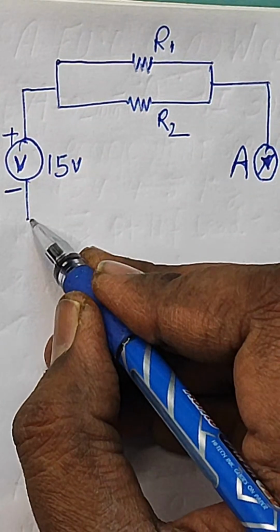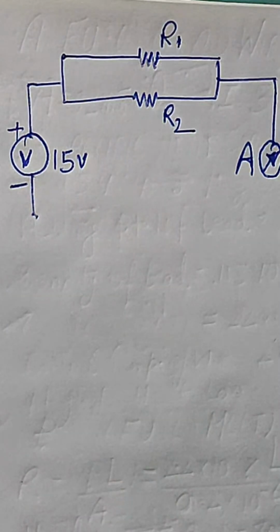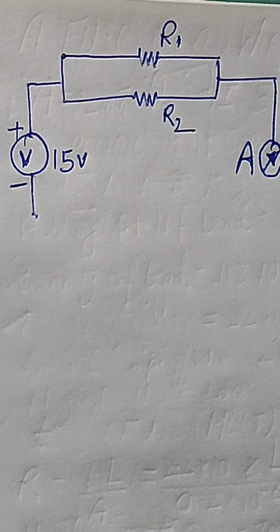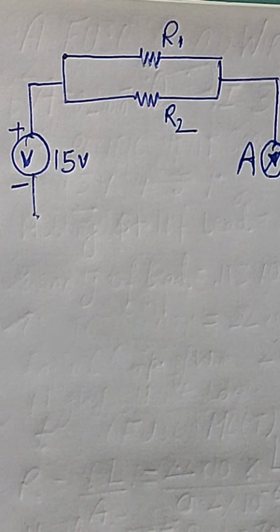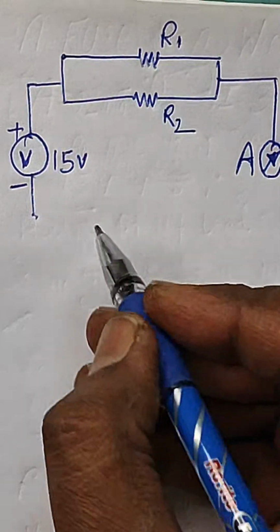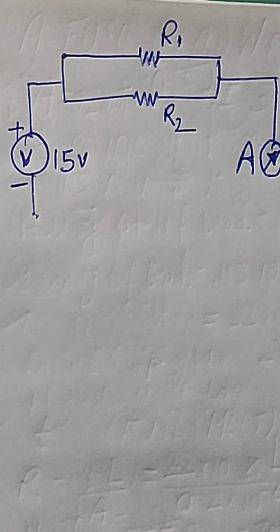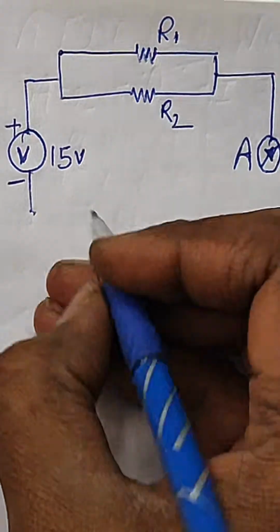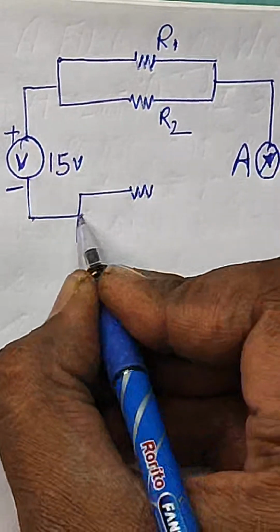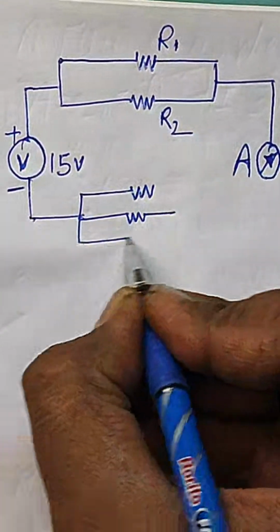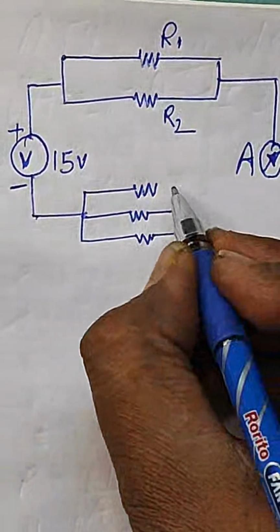And here we have three resistances, which are connected like this: 1, 2, and 3, right?